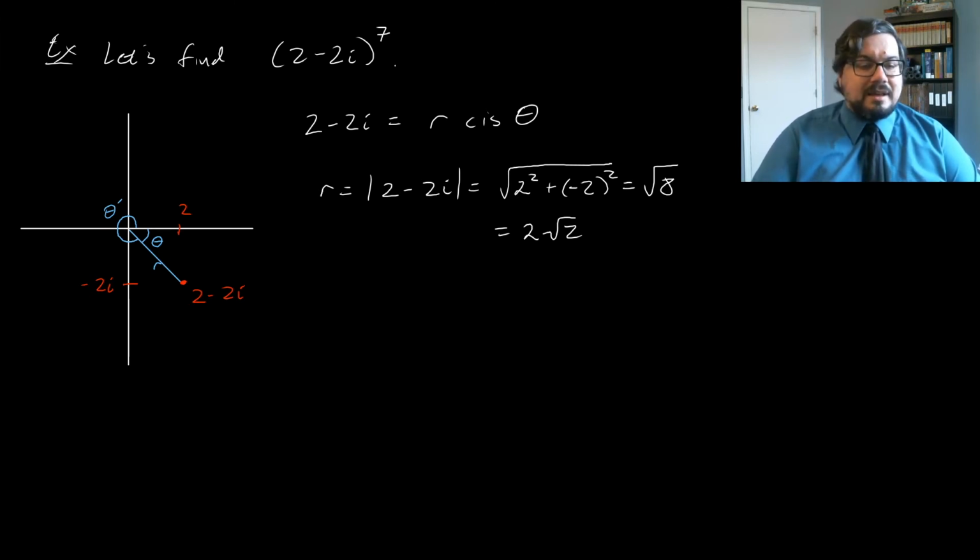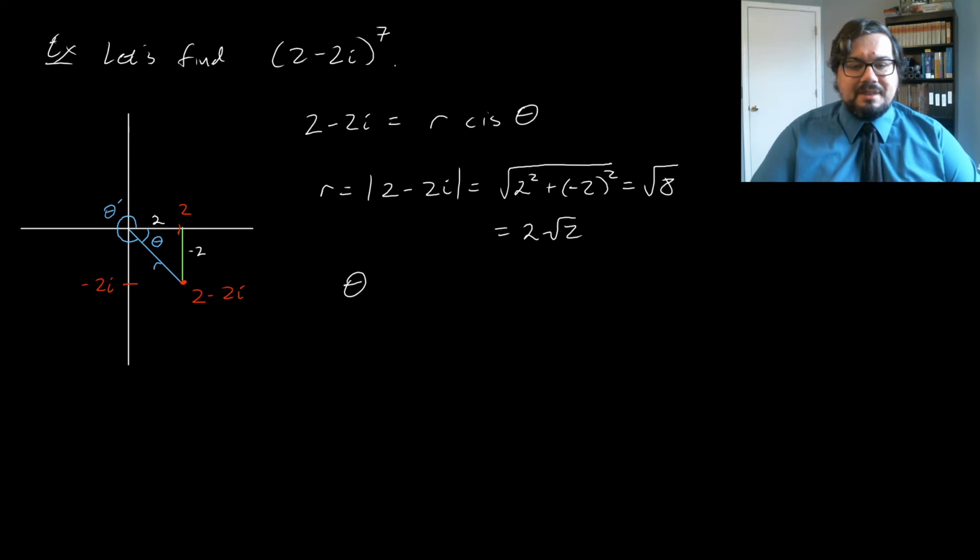And then for theta, notice that if we draw a triangle here, the two side lengths are going to be 2 and, well, negative 2 because it's going down in the negative direction. But that tells us that this theta here is a 45-degree angle, and because it's going clockwise, it's negative.